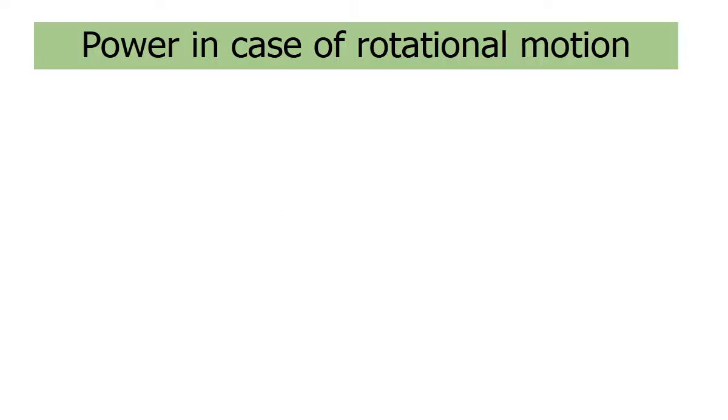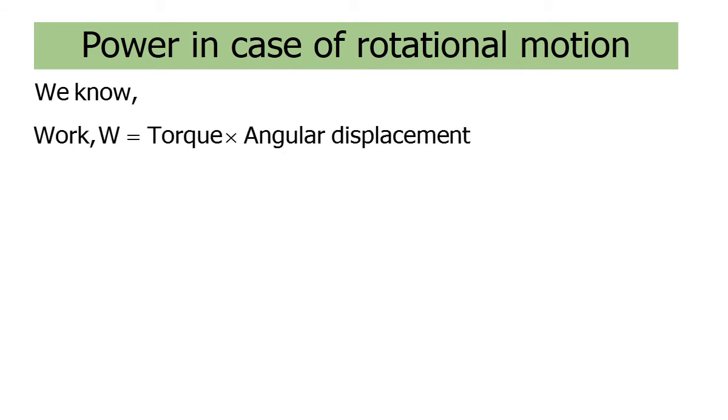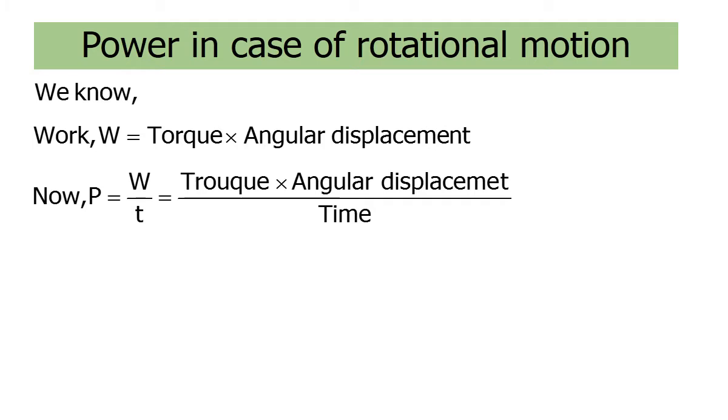Now the power in case of rotational motion. We know work done equals the torque times the angular displacement, and again we know power P equals W by T. If we put the value of work, which is torque into angular displacement, in the equation, then we can write torque into angular displacement divided by time.